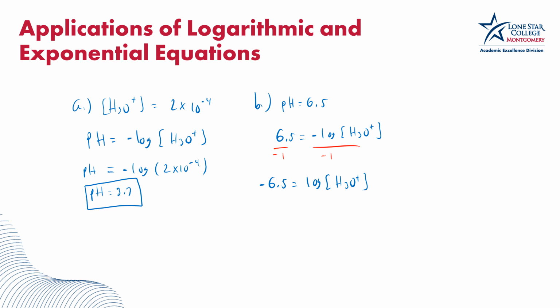We would raise this to a power of 10. So we can write this as 10 to the power of negative 6.5 equals 10 raised to the power of log of H3O plus.